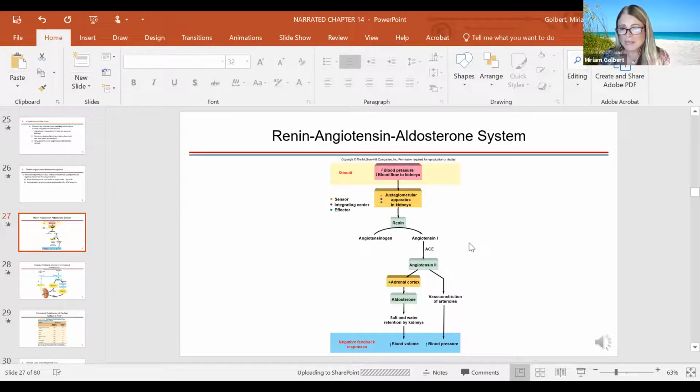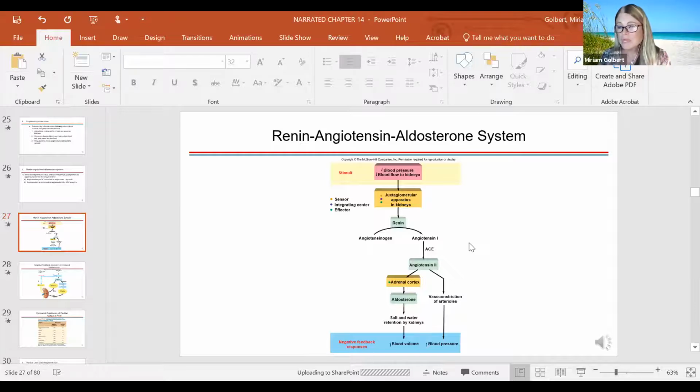Aldosterone's major action is to increase sodium reabsorption. With sodium, remember, salt is sodium chloride. Anytime that you hear salt, you have to imagine that water goes with it.